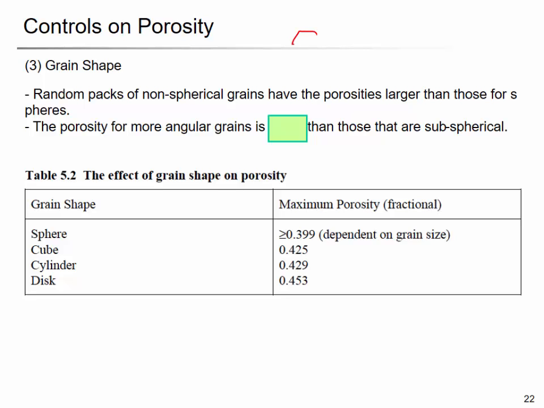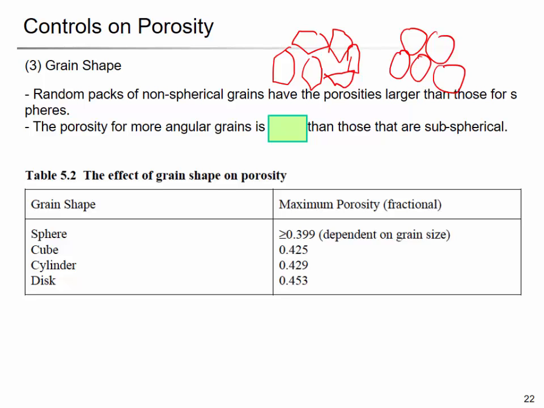So if it's angular, the porosity for more angular grain is larger than those that are subspherical, and I think this also shows the effect of grain shape.